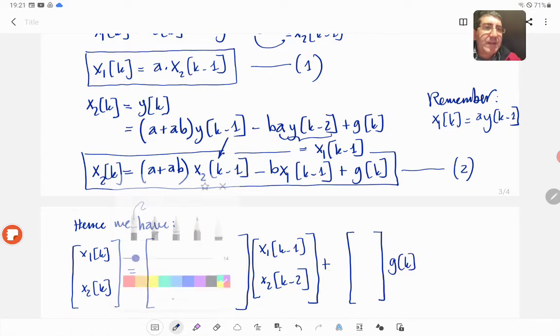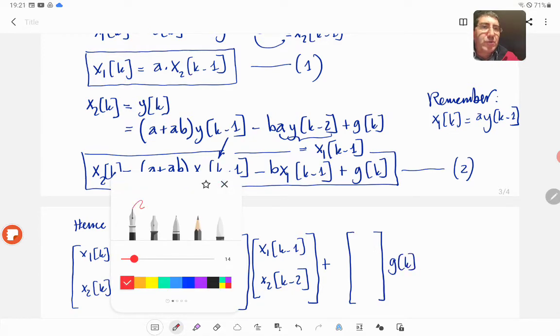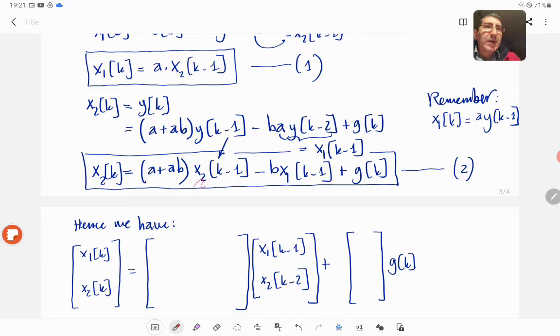And let me fill in the terms. If you look at this equation, x1 of k is equal to a times x2 of k. So you will have a 0 here and an a over here and no input term. So you will have a 0 over here.